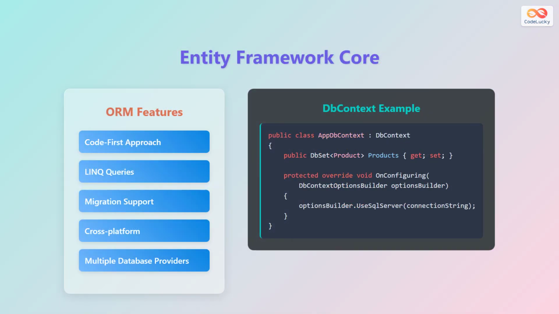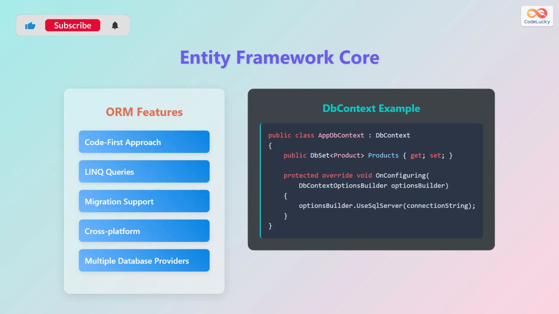Entity Framework Core is Microsoft's object relational mapping framework that simplifies database operations. The key ORM features include code-first approach, where you define your models in code and generate the database schema automatically. LINQ queries allow you to write database queries using C# syntax instead of SQL.